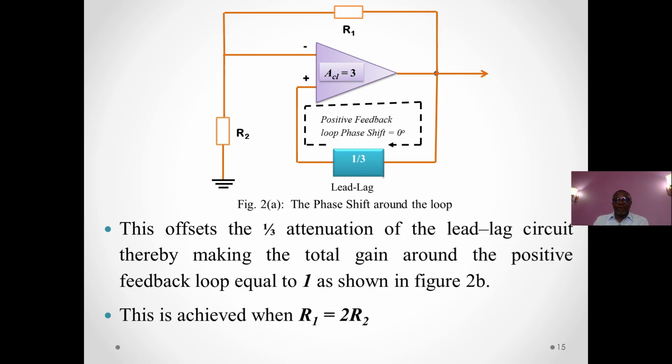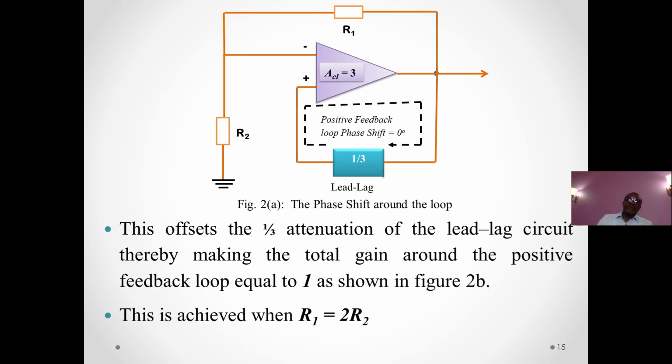Like we've seen before, if this attenuation is 1/3, it means that the closed loop gain must be equal to 3, so that Av times beta will be equal to 1, from the equation we had seen earlier. So 3 times 1/3 will be equal to 1.